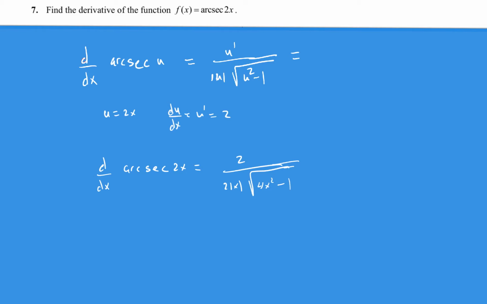And this is the solution in a mechanical way that I really don't like too much, so let's do it like we should do it.